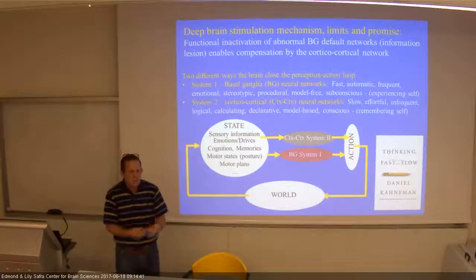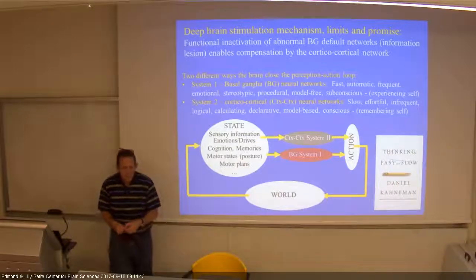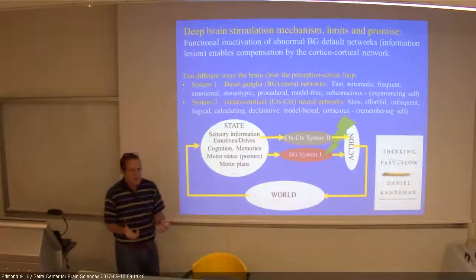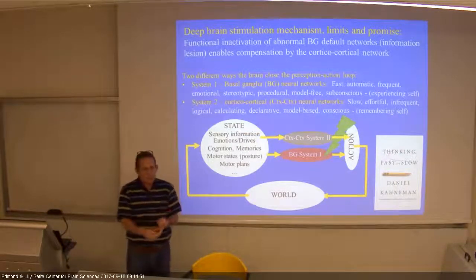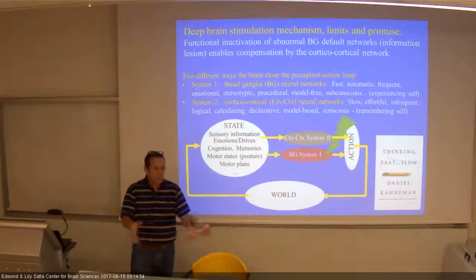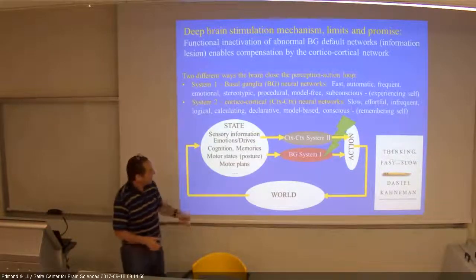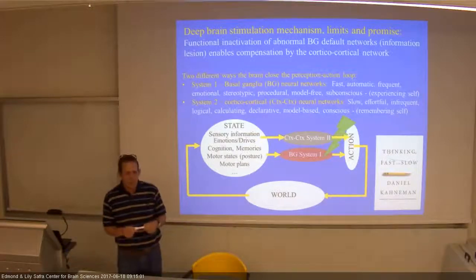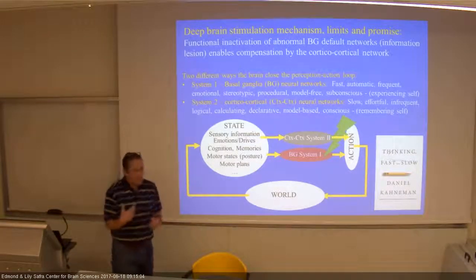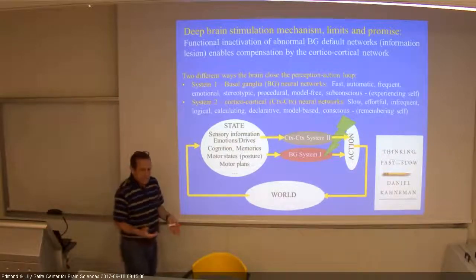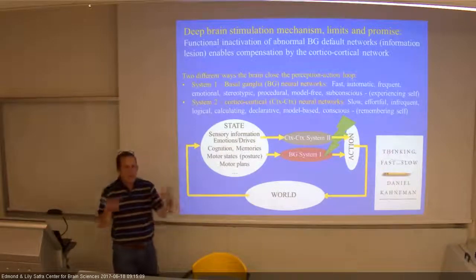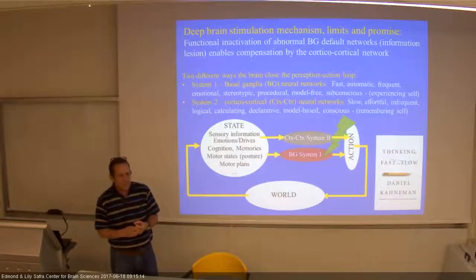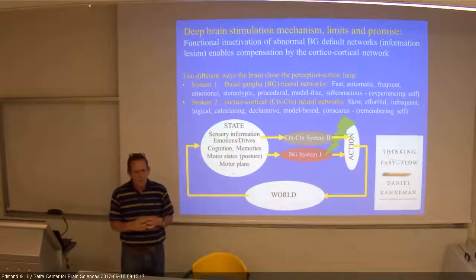We follow the command of the default automatic system, and therefore what we claim is that what we do with deep brain stimulation, as well as what we did with just inactivation, and as we do today with the lesion of the basal ganglia, is we shut down this abnormal default system. And by shutting down this abnormal default system, we enable other systems to compensate for the missing function of the basal ganglia.